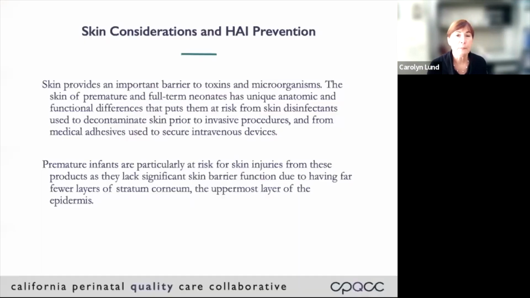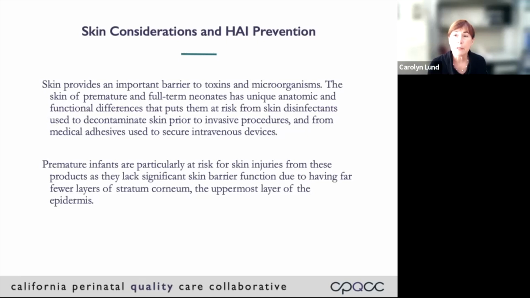Next slide, please. So just by way of introduction, the skin is an important barrier, both to toxins that can be applied to the skin, but also to microorganisms. And I've found it interesting that the skin of premature and even full-term neonates has very unique anatomic and functional differences that can put them at risk.